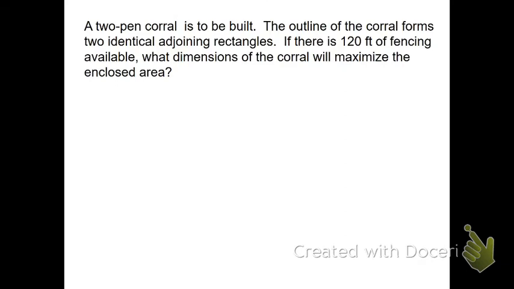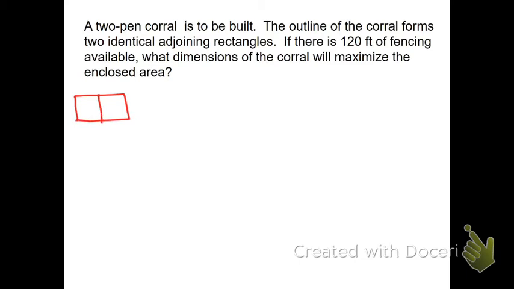Okay, this one you might not quite understand what they're describing, but you'll have several in your homework like this too. Often it's like they're fencing in a pen, like fencing in an area for animals. So a 2-pen corral basically means you're going to have a rectangular fenced in region, and they want to divide it into 2 parts.